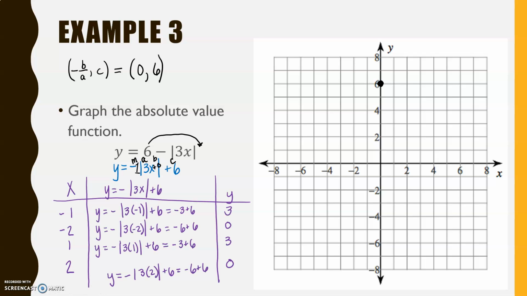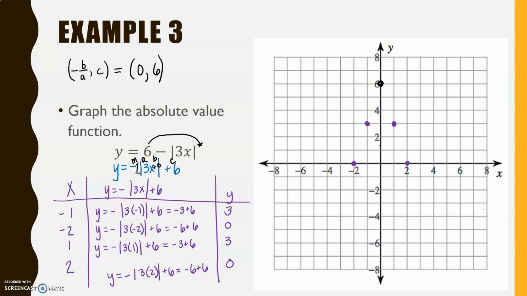All right, so your values should look like this. I've got the point -1, 3, -2, 0, and then I've got 1, 3, and 2, 0.